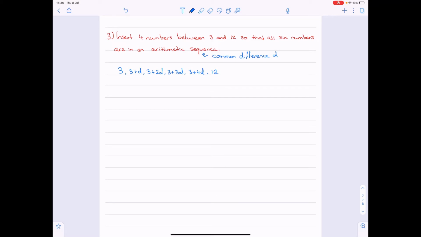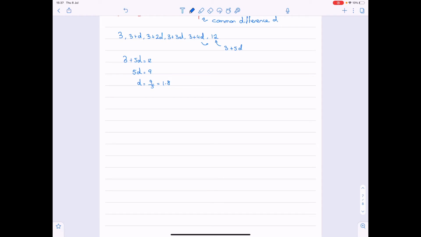So it shows that all 6 numbers are in an arithmetic sequence. So if we follow the sequence from before, this is essentially 3 plus 5d. So we can establish that 3 plus 5d is equal to 12, which means that 5d is equal to 9, which means that d is equal to 9 over 5, which is 1.8.